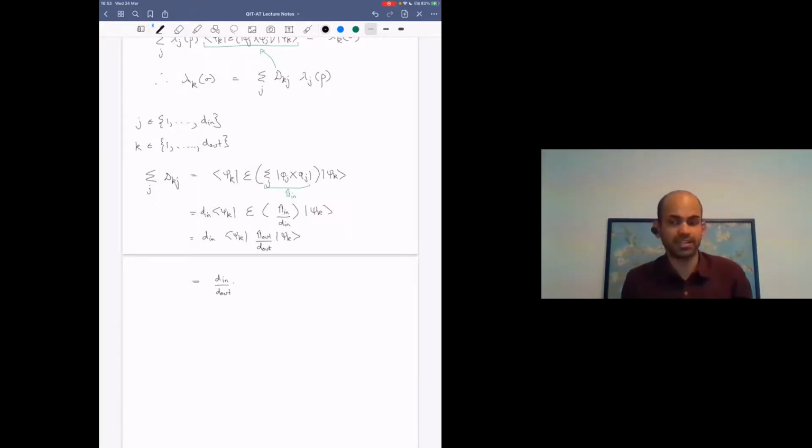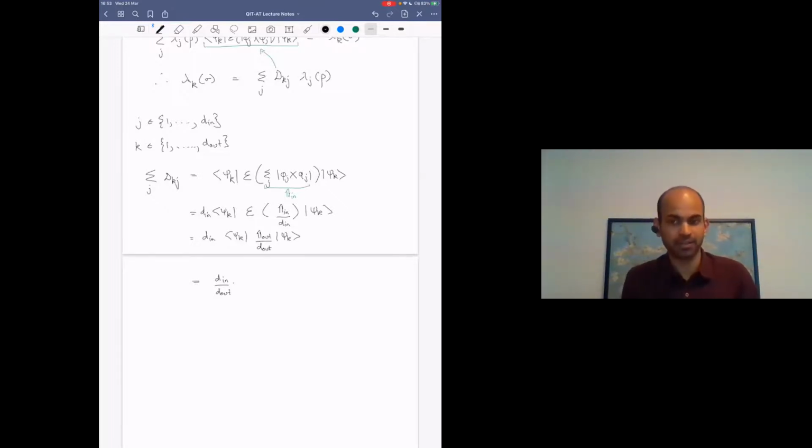And this, incidentally, is a generalization of what you need to get with doubly stochastic matrices when you sum over columns. So in a doubly stochastic matrix of the same dimension, the rows and the columns must sum up to 1.